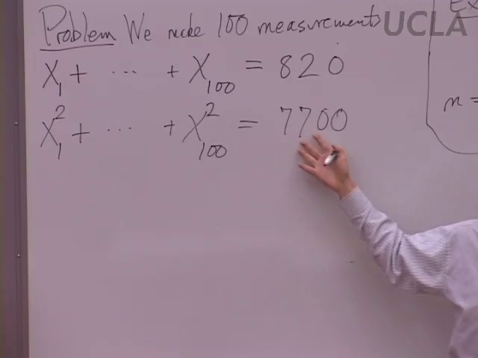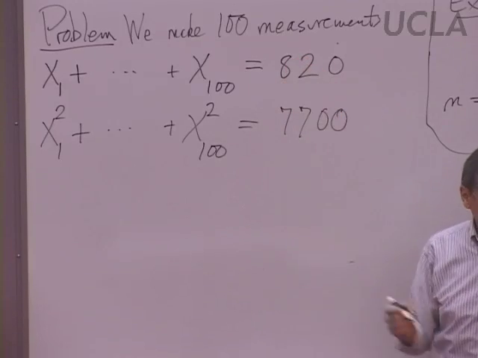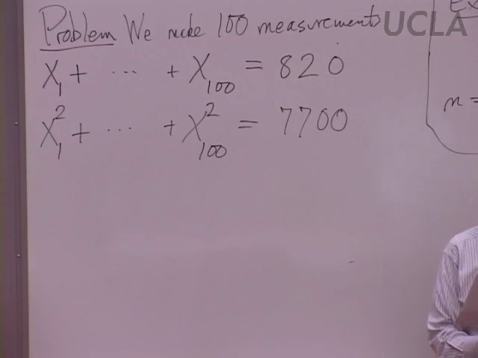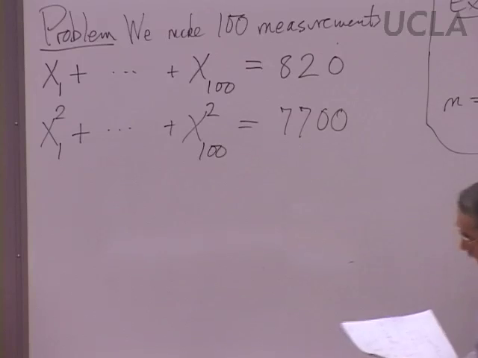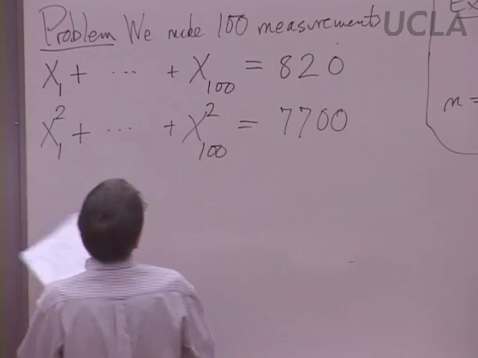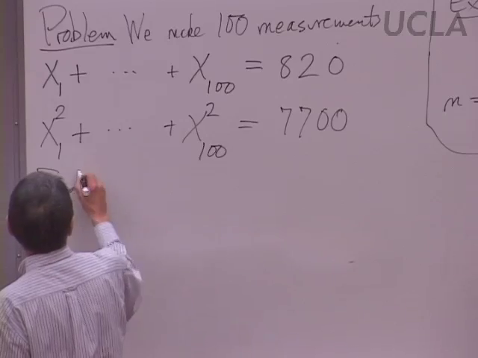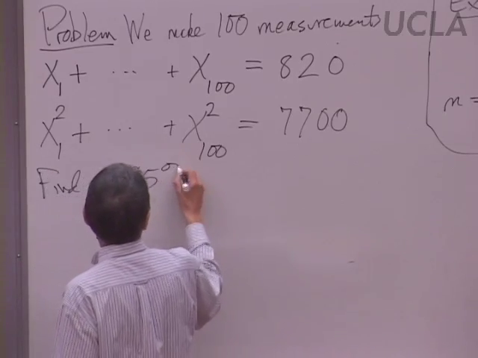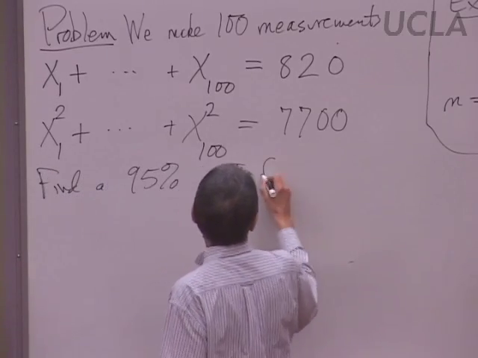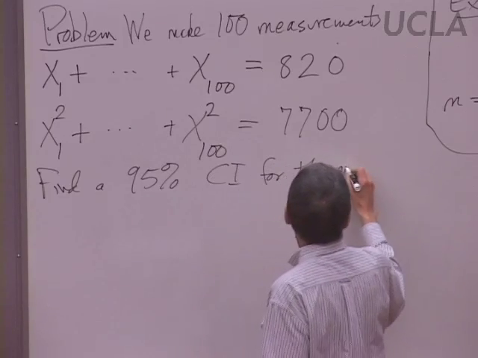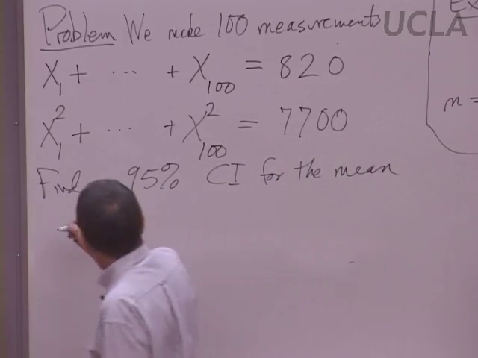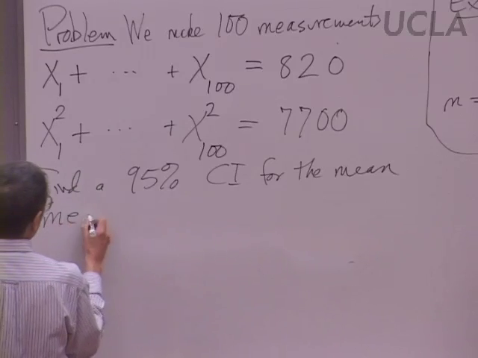Okay, so we don't yet have the raw data. We're not told what these 100 numbers are. But let's see if this is enough information to figure out, say, a 95% confidence interval for the mean value of whatever it is we're measuring.